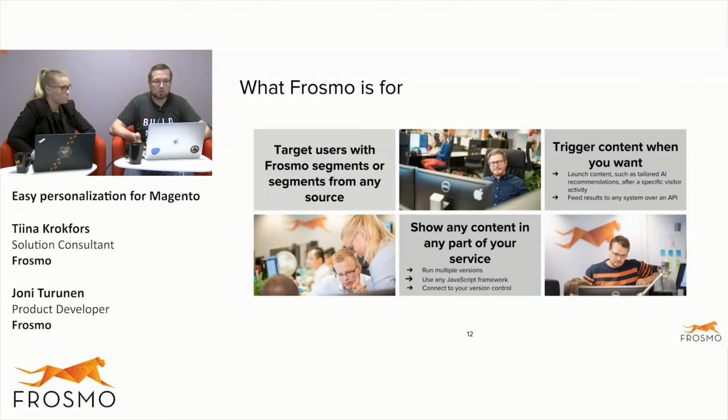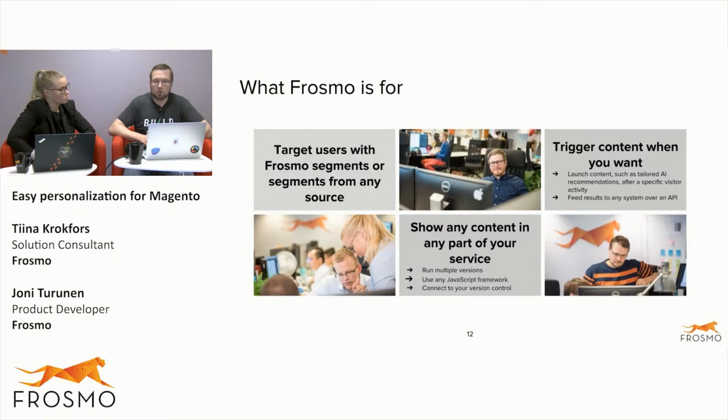Then a little bit about Frosmo. Basically, you can target users with segments, either creating segments in Frosmo, or you can take your external segments and use them there. You can show any content to any part of your service.